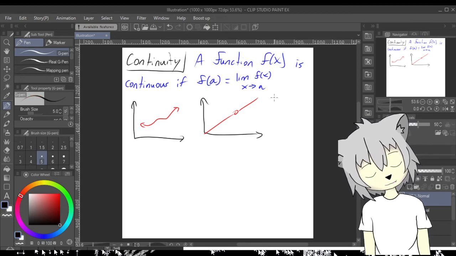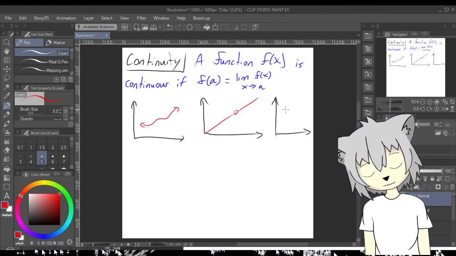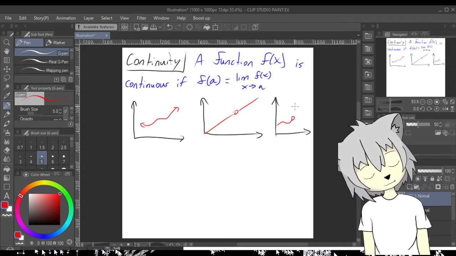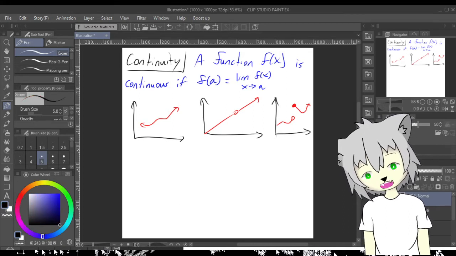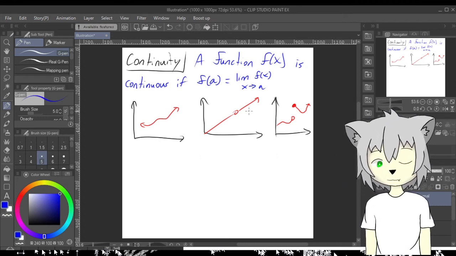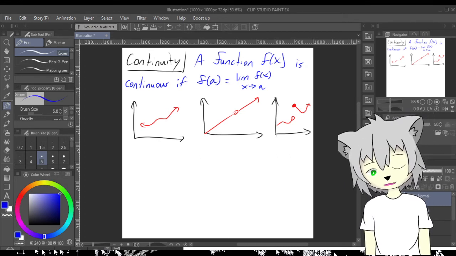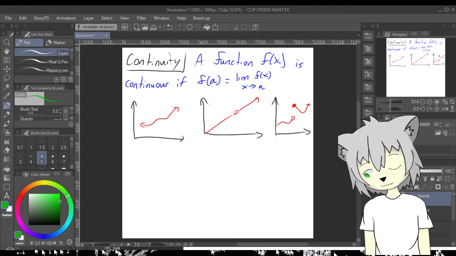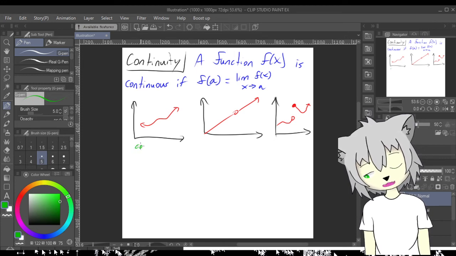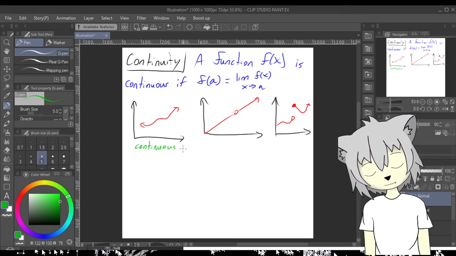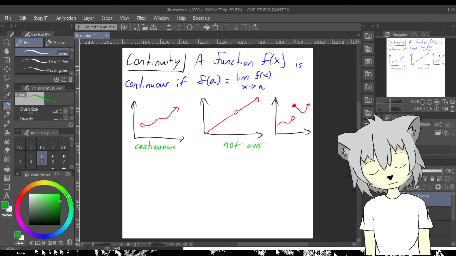And if there is a function like this, that's also not continuous. That's the basic formal way to prove it. So this is continuous because it's complete, no holes, no jumps, but these are not continuous.